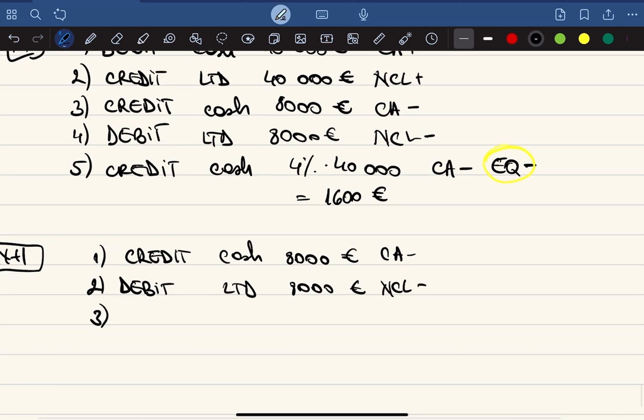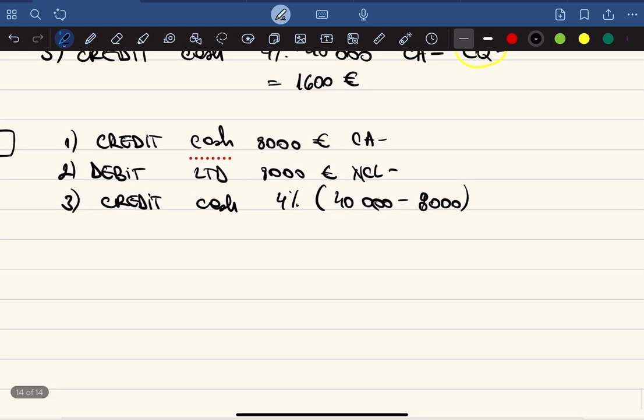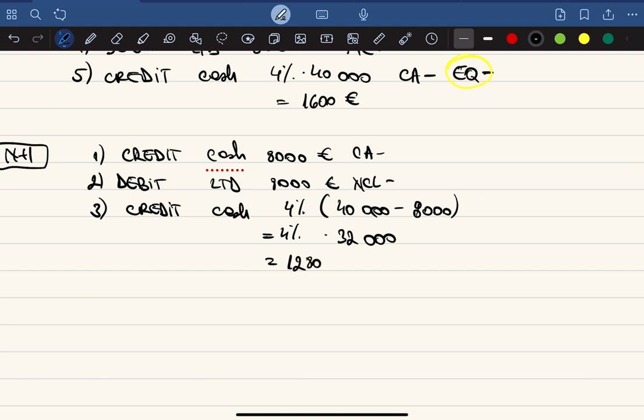And third, you credit cash 4% out of what's left from the loan after the first year reimbursement was paid. So it's 4% out of 32,000, 1,280 euros. Current assets go down, equity goes down as well again.